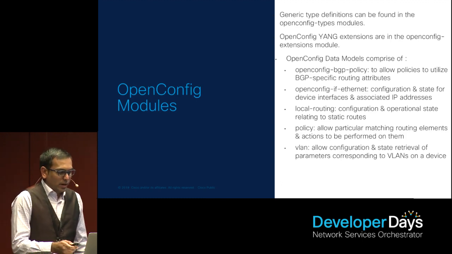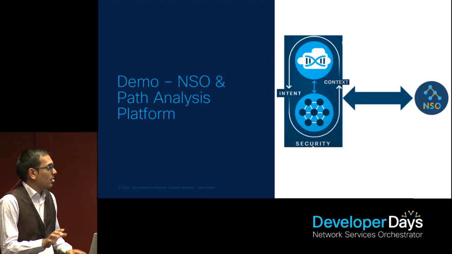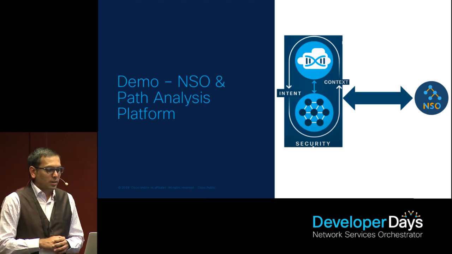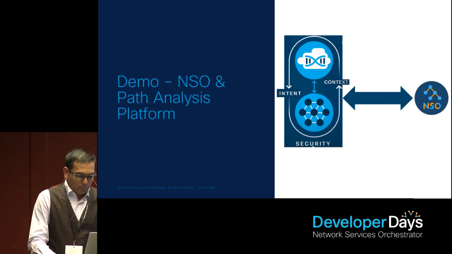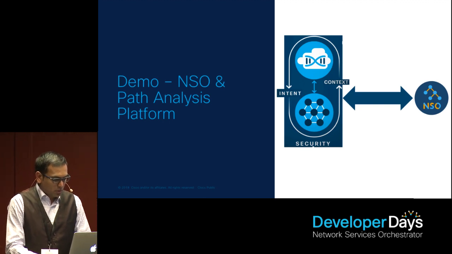So let's go ahead and take a quick look. Let's delve into the underlying bulwark of the path analysis app, which resides within the BPA platform. So let's take a look at the Forward Networks UI. I'm going to shift to my browser.